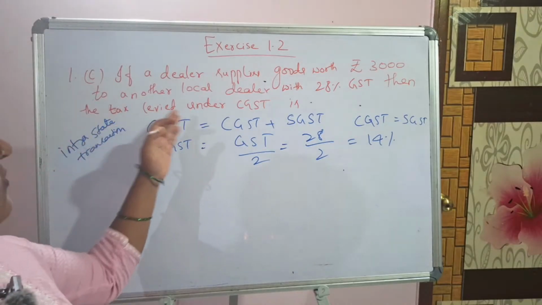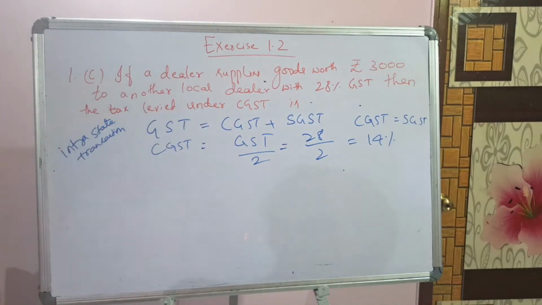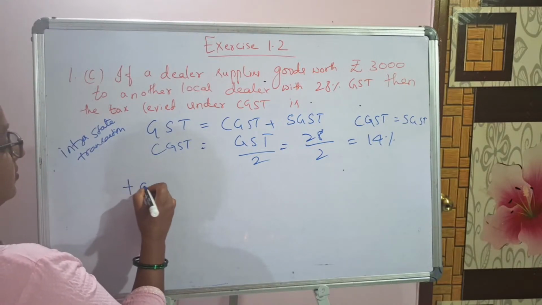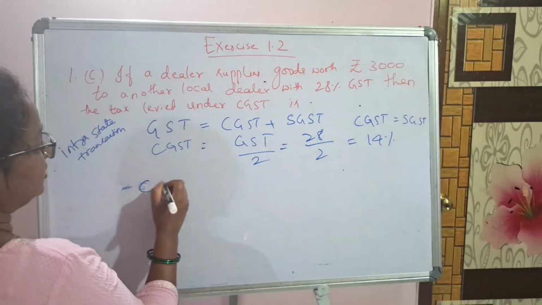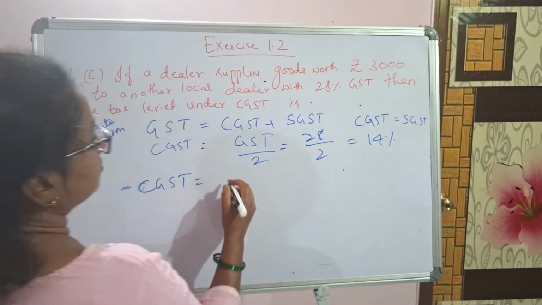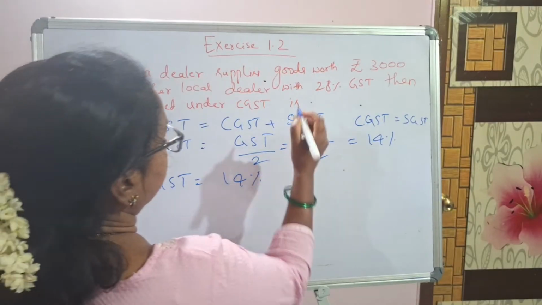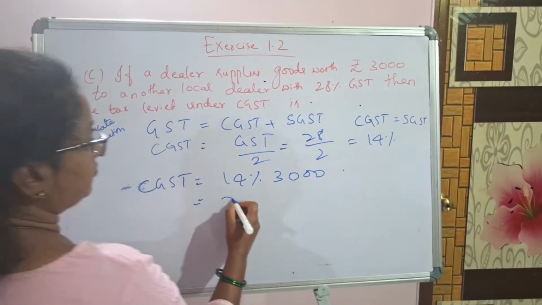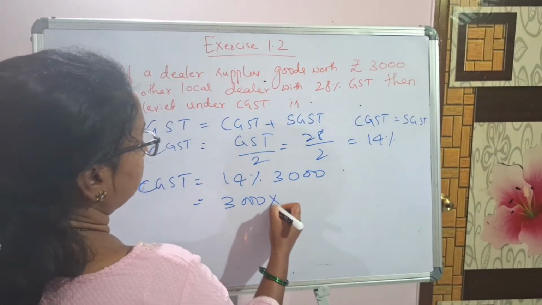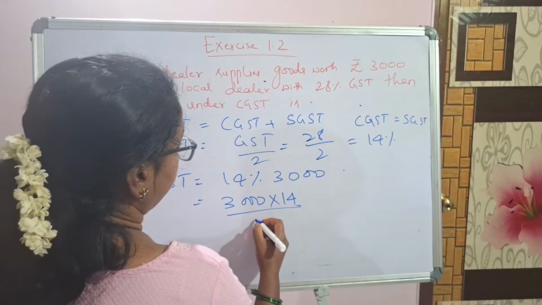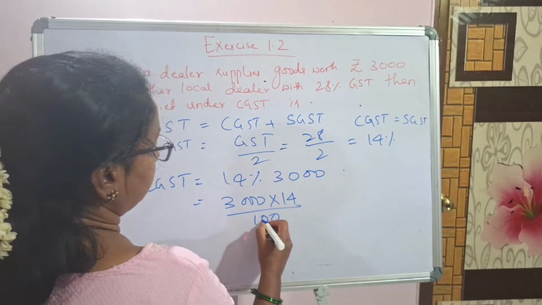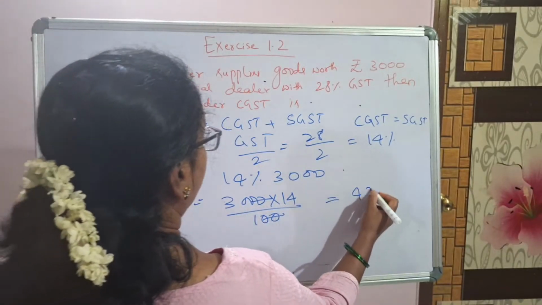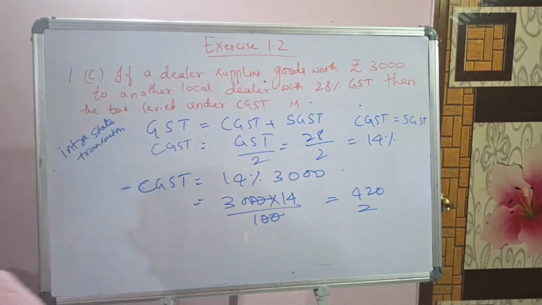Then the tax levied under CGST is 14% of 3,000. That means 3,000 into 14 divided by 100, which is equal to 420.